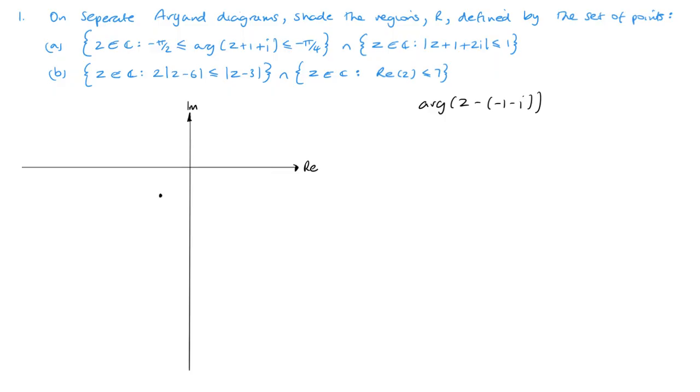Now, because it's not a strict inequality, it equals as well, this line will be included. So straight down there, and then 45 degrees straight across there. And it's between these two lines.